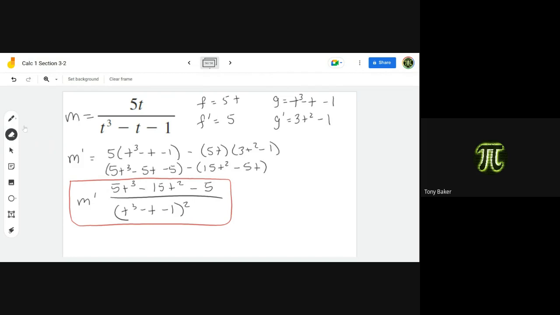Oh, you're right, it is. Good catch. So I've got negative 10t to the third minus 5. Yeah, good catch.